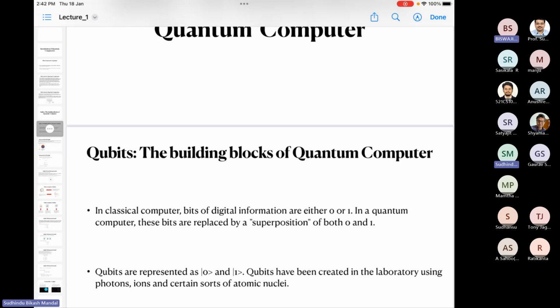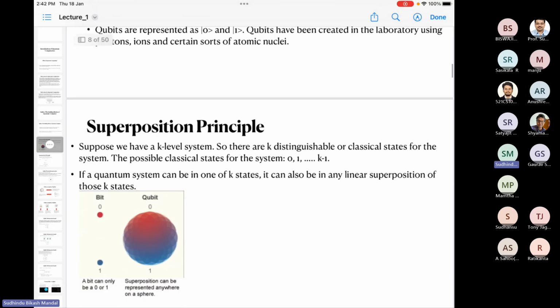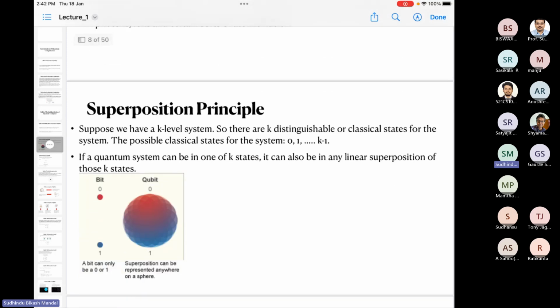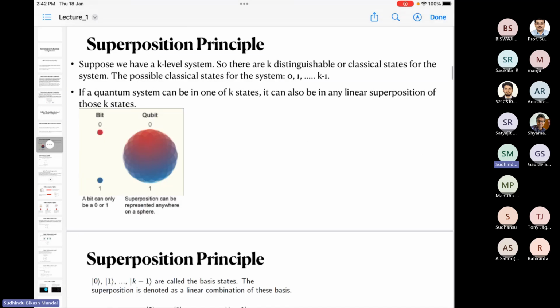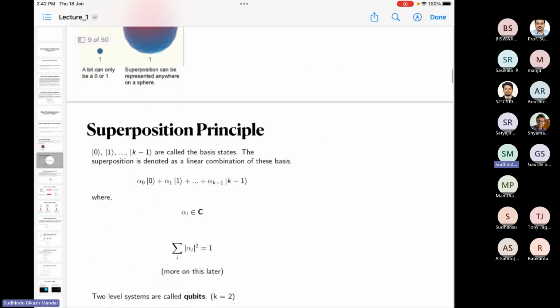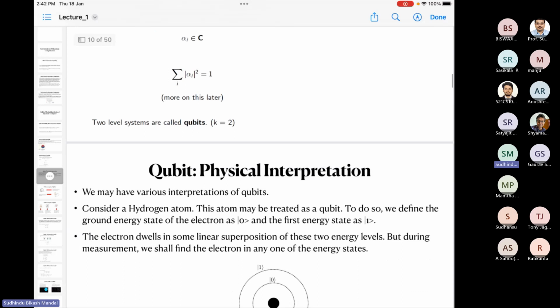Okay, this is the philosophical background of the qubit, and we will use this qubit for computing some real life problems. Okay, fine. And also, you know this superposition principle, I'm not talking about it. Actually, I will not bore you by repetitively saying that.